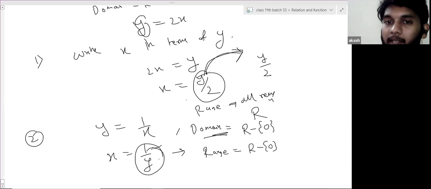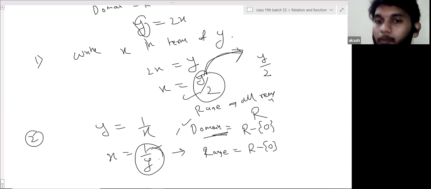And it is a coincidence that both of these questions have the same domain and range. This does not happen all the time. So don't say this is always equal to this. No, this is just a coincidence. You always have to find it like this, 1 upon y.